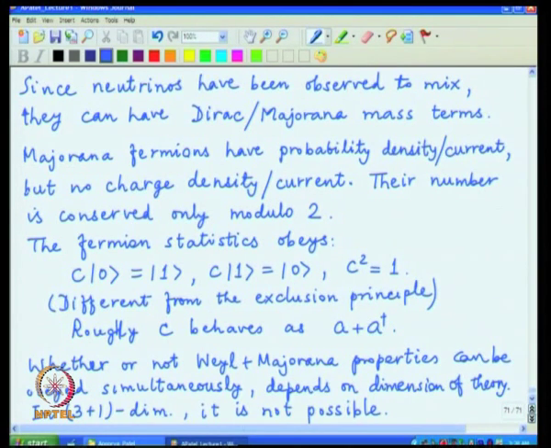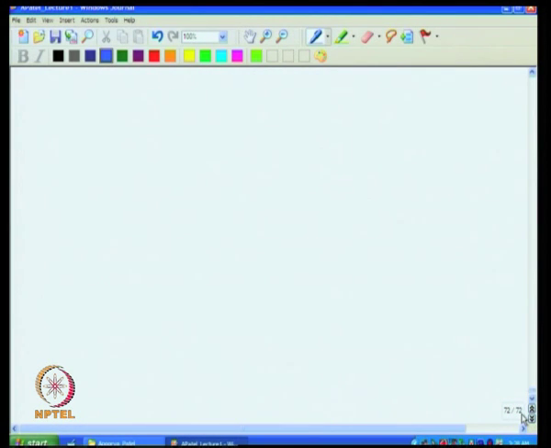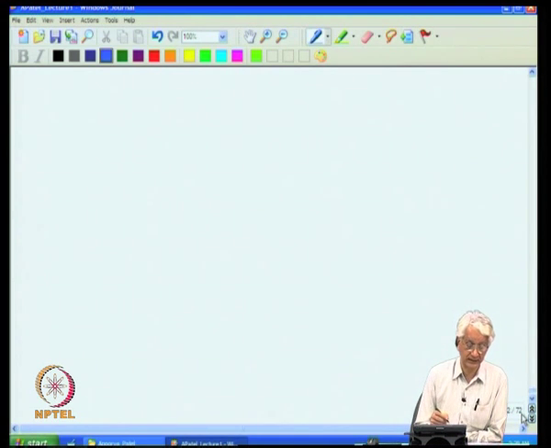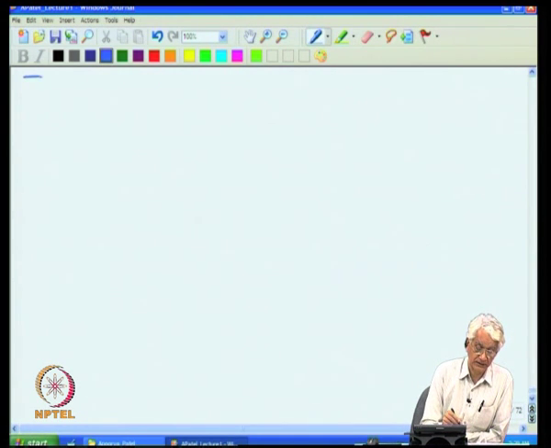Now, I want to move on to discussion of another kind of symmetry, and that is important together with parity and charge conjugation, and it actually forms a triad of the discrete symmetries important for classification of particles, and that is the concept of time reversal symmetry.